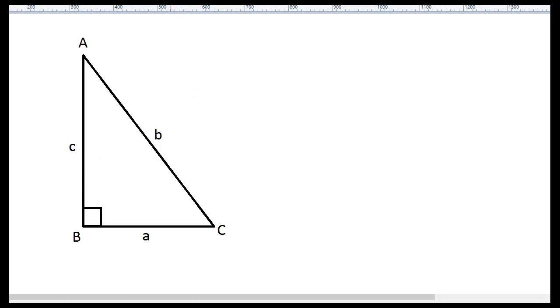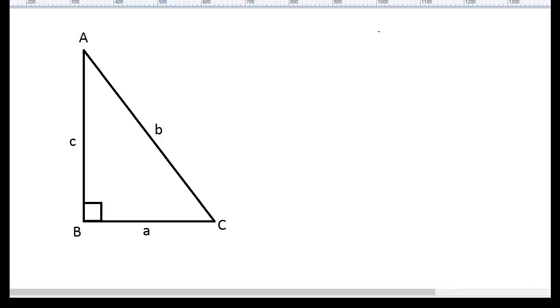Okay, with that said, let's take a look at some of the trigonometric ratios. Now the first ratio or property that I'm going to look at is one called tangent. But before we can do that, we have to find a way to label the sides of the triangle. And what we're going to do is look at this one, angle C. Okay, so C right here, and I'll underline it in orange here.